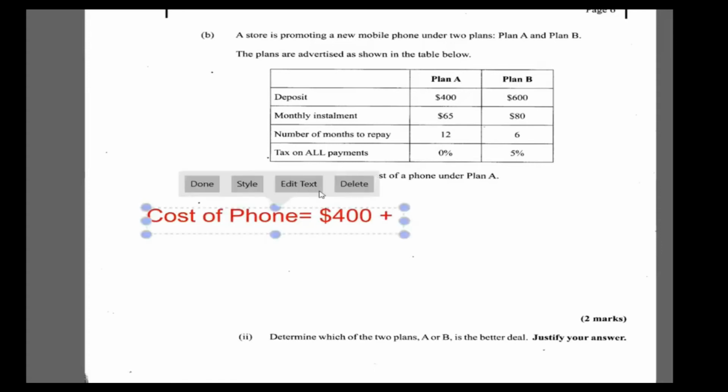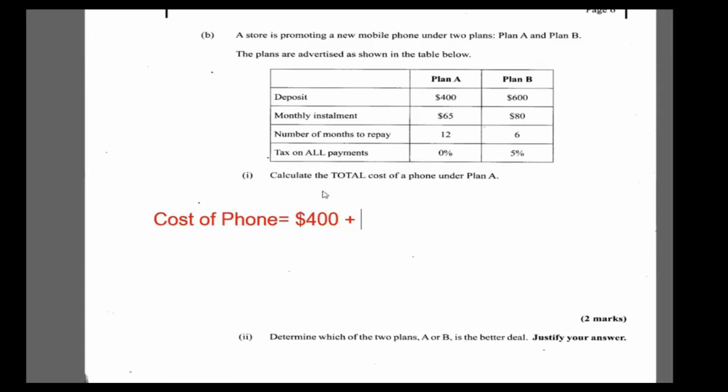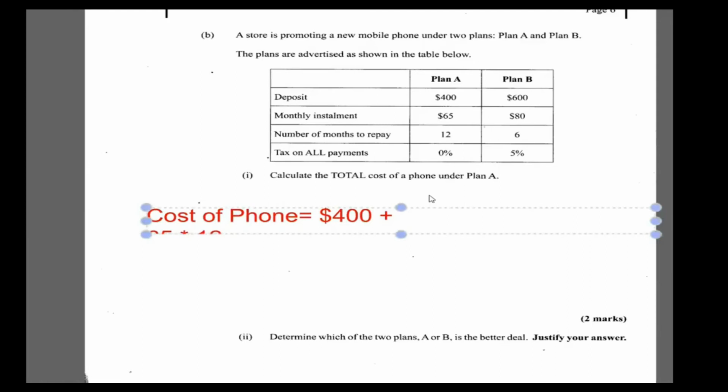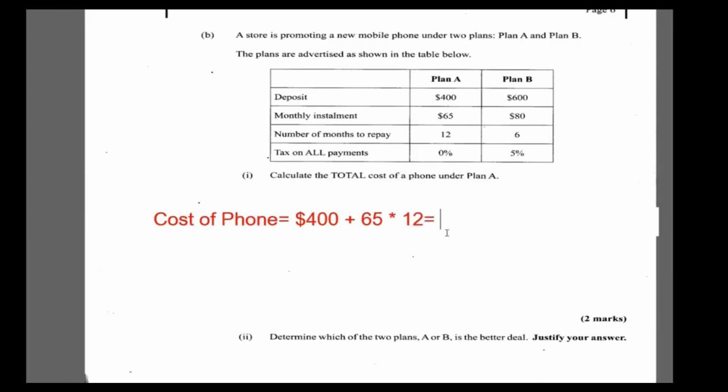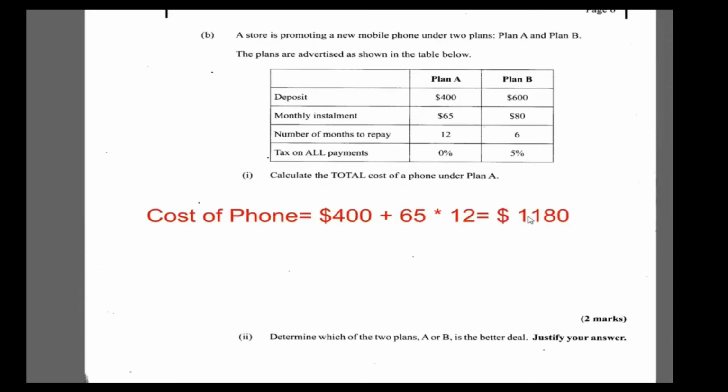So it's 65 times 12, $65 multiplied by 12. You don't pay any tax at all on this, all right? There is no tax that is paid. So this is the cost of the phone under Plan A. When we work that out, just put that in your calculator, 400 plus 65 times 12, that's $1,180. That's not bad. That's a decent cost for a phone.